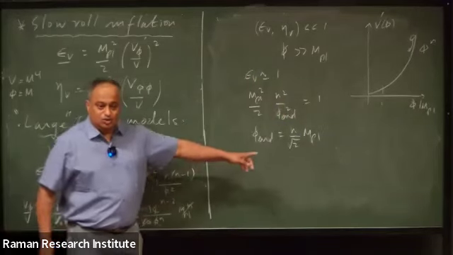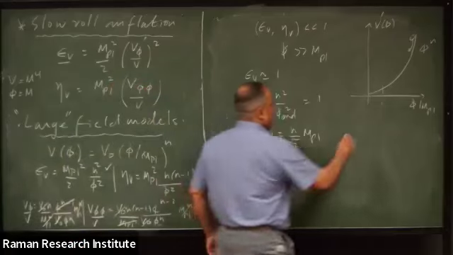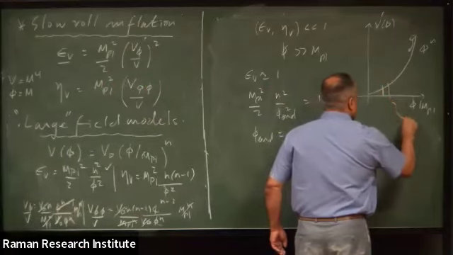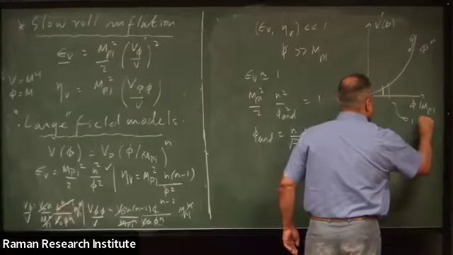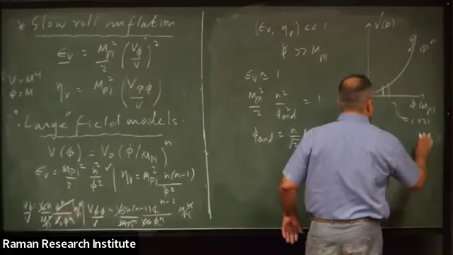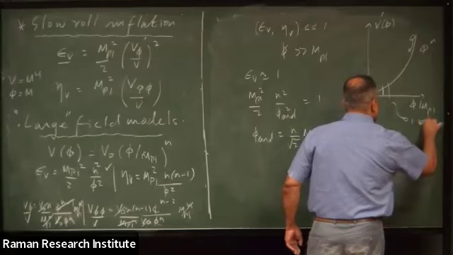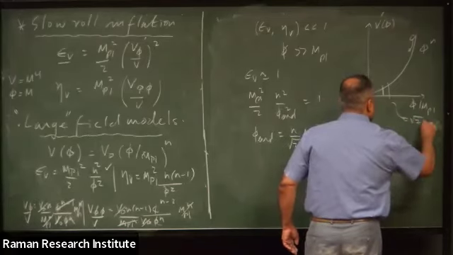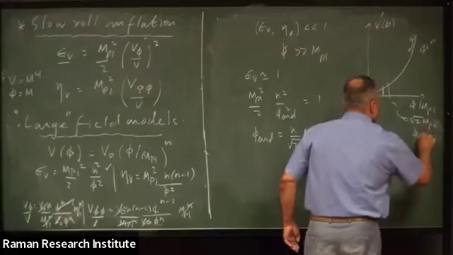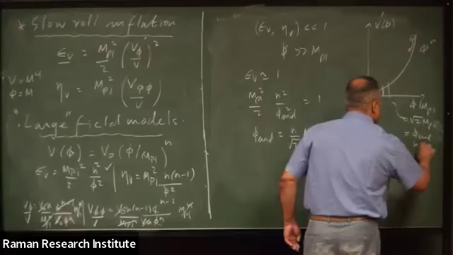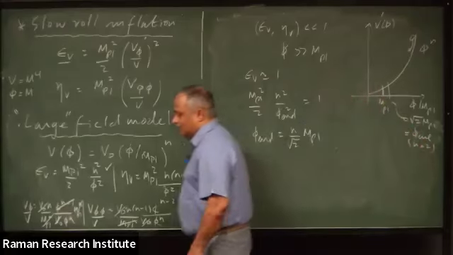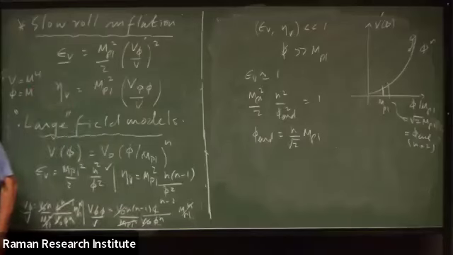If n equal to 2, it's at root 2 MPL. What is root 2? 1.404 MPL. This is phi end for n equal to 2, and you can calculate it for n equal to 4 or other potentials that you have.